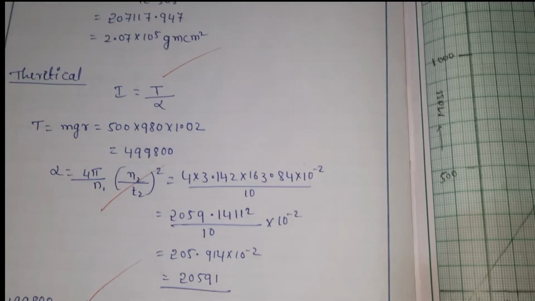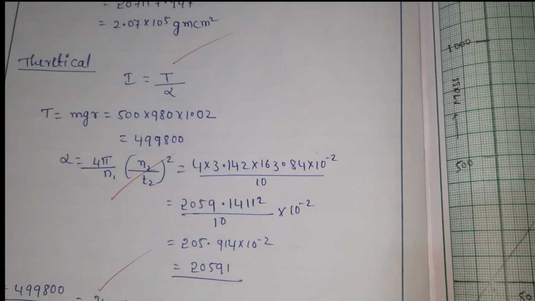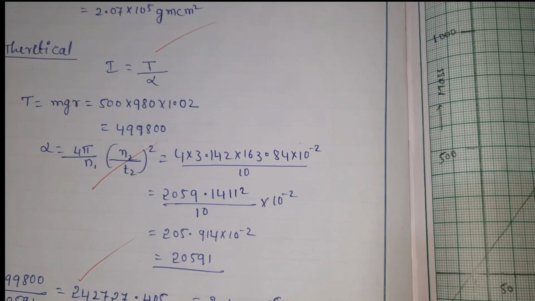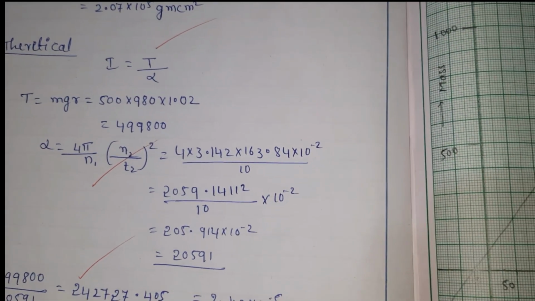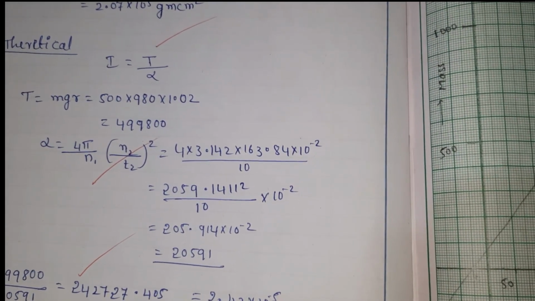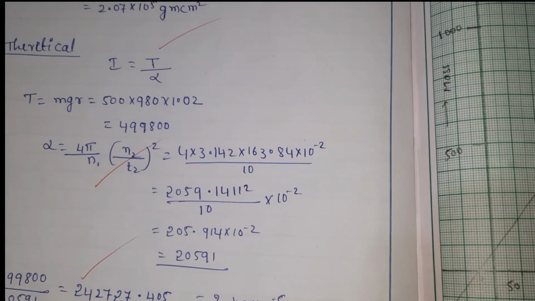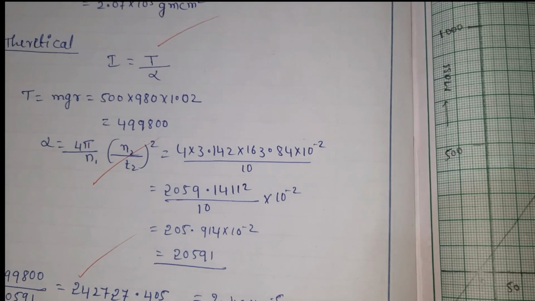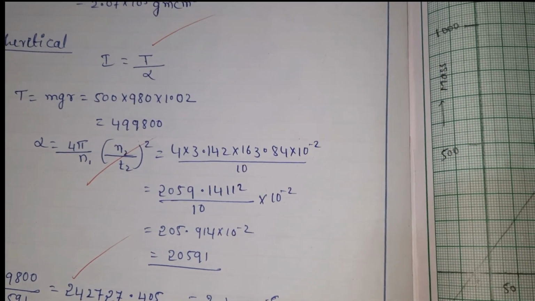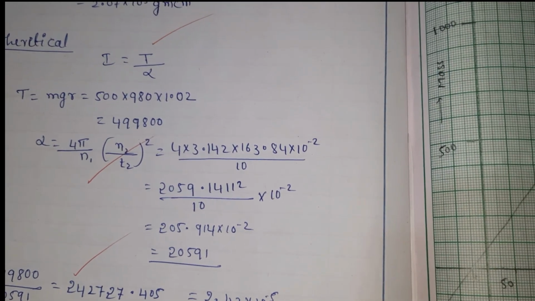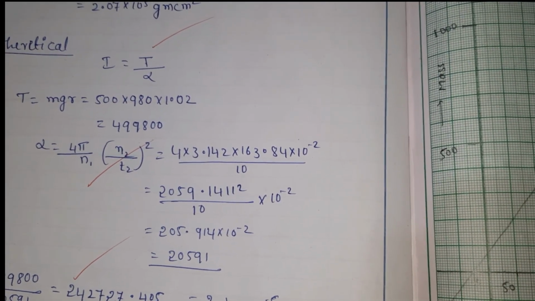Next, theoretically, you have to calculate using the formula as we have written in the theory. Moment of inertia is equal to torque by angular acceleration. Torque is mg into r: mass into acceleration due to gravity into radius. Calculate for 500 gram for the first reading, and like that you can calculate for 1000, 1500 and 2000 gram.